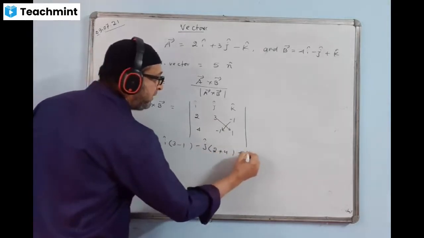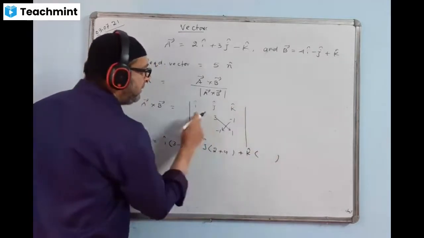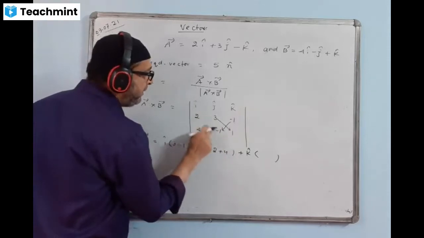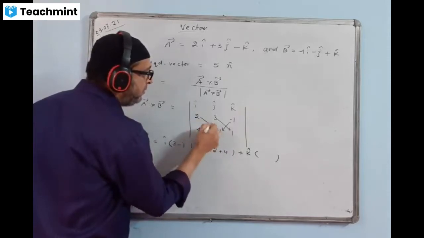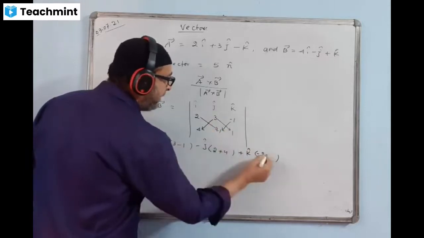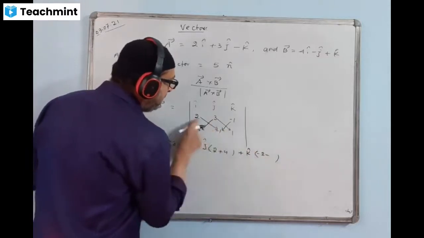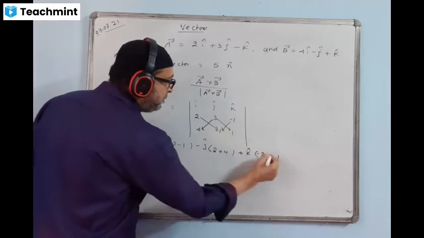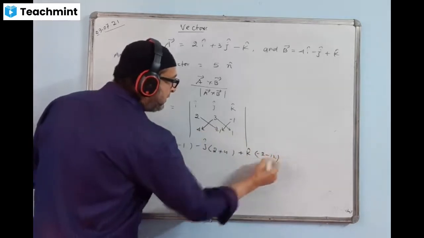Then last you write k: minus 2 and 3 times 4 is 12, so minus 2 minus 12, and the minus sign remains.